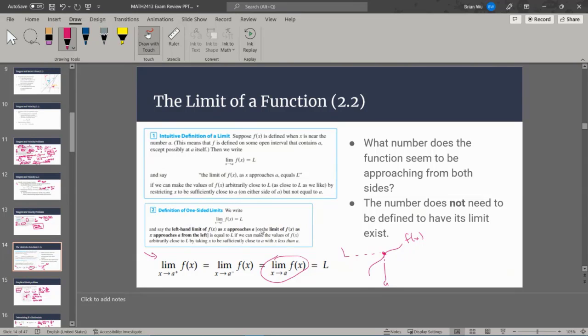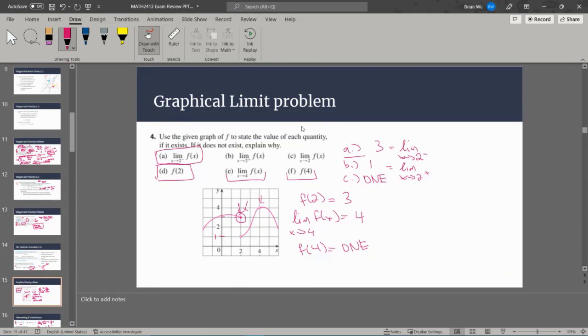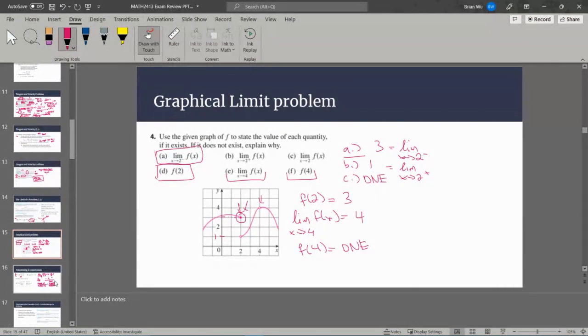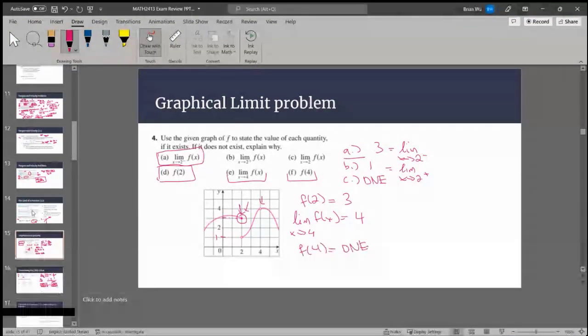And if not, you would use a one-sided limit to see what number it approaches from the left side or right side respectively. In order for a full limit, which looks like this, to exist, you need to have both of them equal. And we solved the graphical limits, which is just looking at a graph. And I'm sure you guys are all right. If you don't feel comfortable, we can ask in the breakout sessions or review the recording on YouTube.